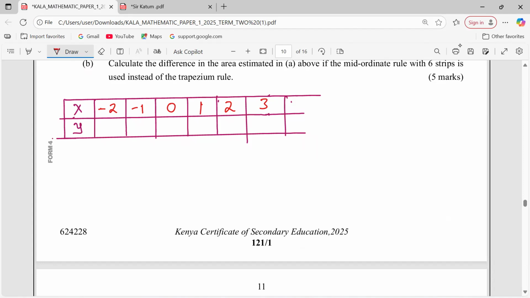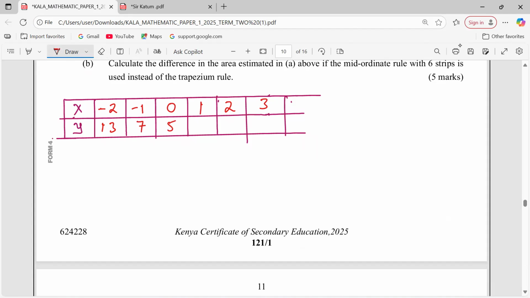So now we can get the heights at the mid. We need 2 into negative 2 squared plus 5, giving us exactly 13. Then 2 into negative 1 squared plus 5, giving us exactly 7.